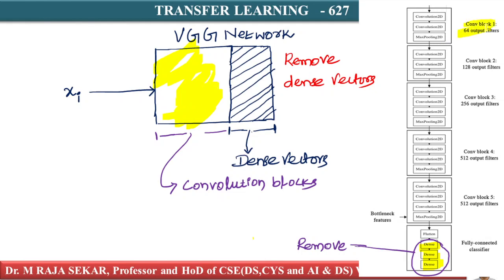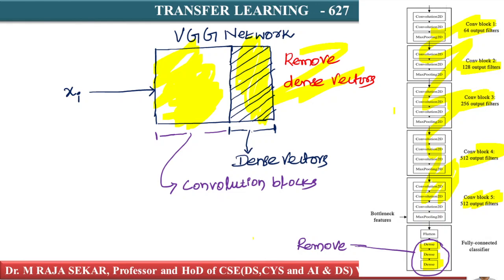You can see convolution block 1, convolution block 2, convolution block 3, convolution block 4, convolution block 5. These are dense vectors. Remove the dense vectors, that is important. All these are convolutional layers. You have lots of convolutional layers.